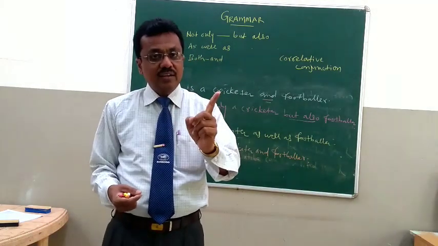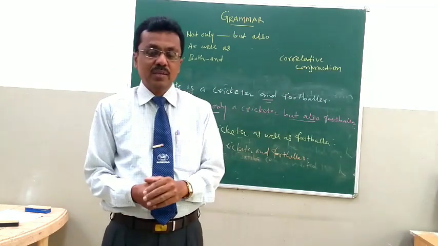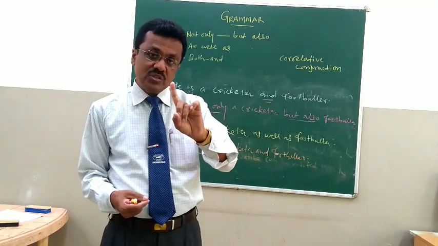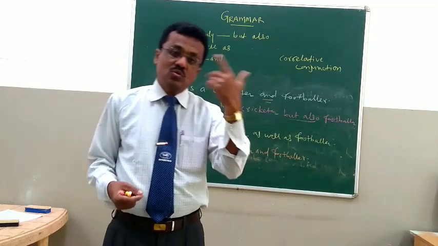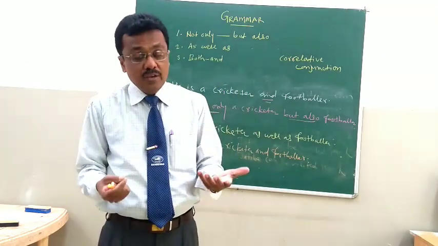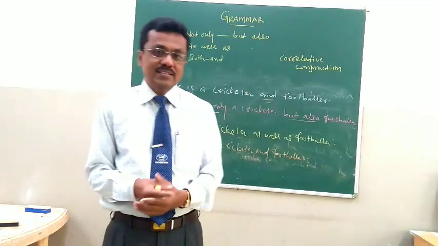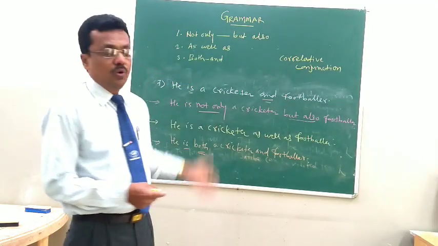Maybe one single sentence with the same subject and different objects, or in one single sentence two different subjects and one single object. And it may be two different sentences. All the variety of sentences I have taken on the board.